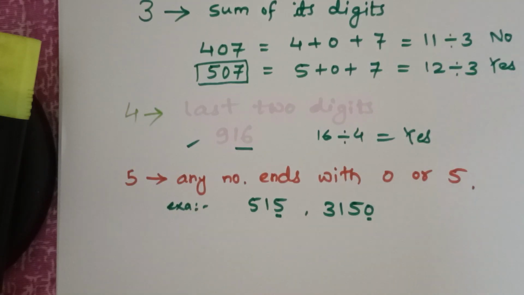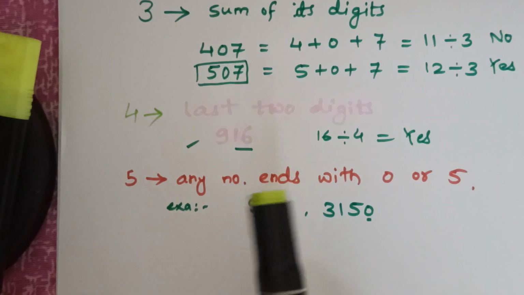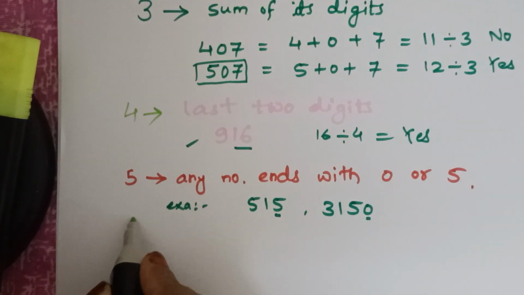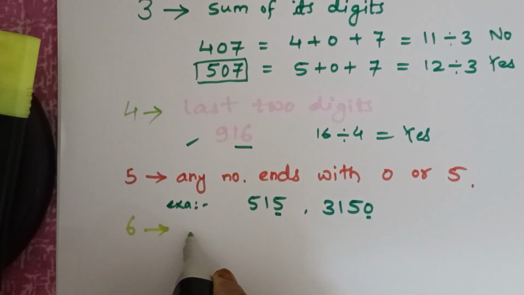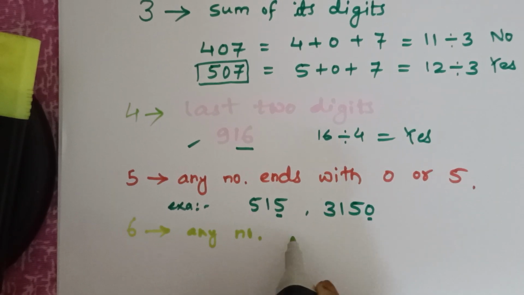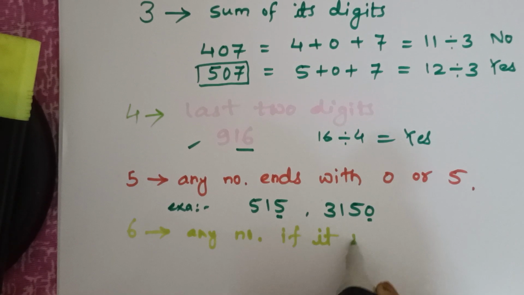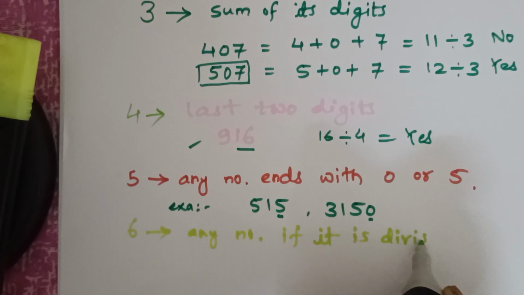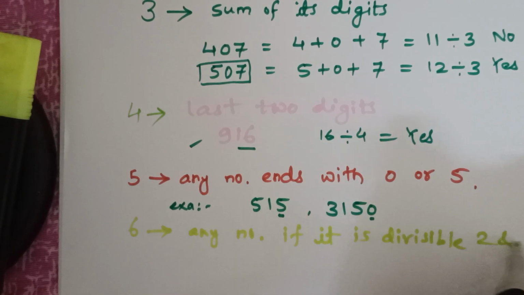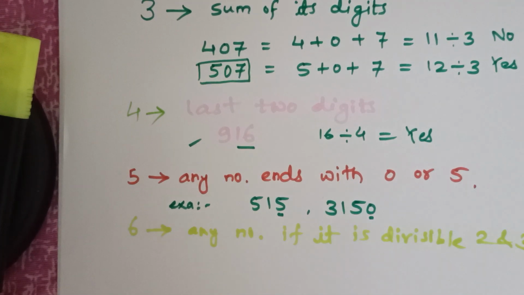Next, moving to the divisibility rule of 6. Any number, if it is divisible by 2 and 3, then it must be divisible by 6.